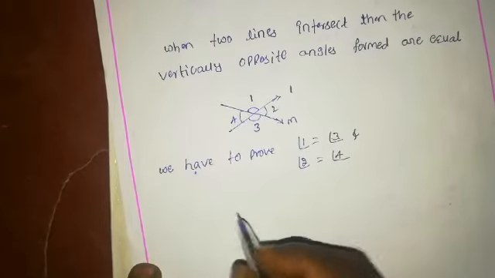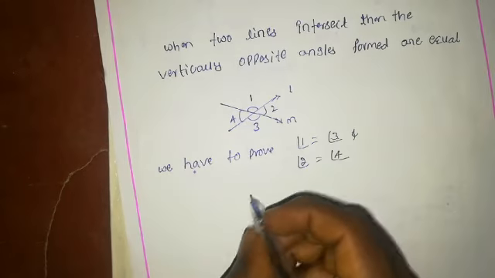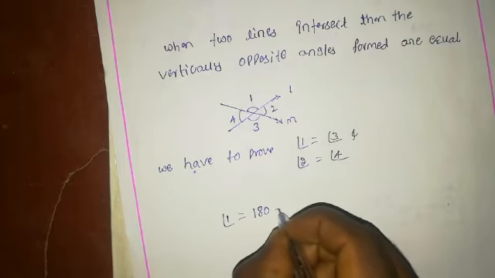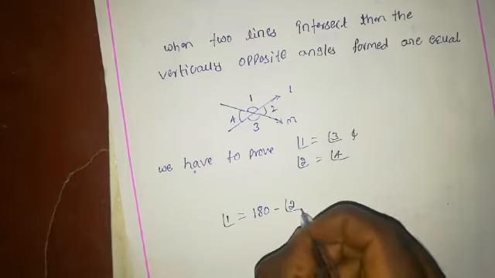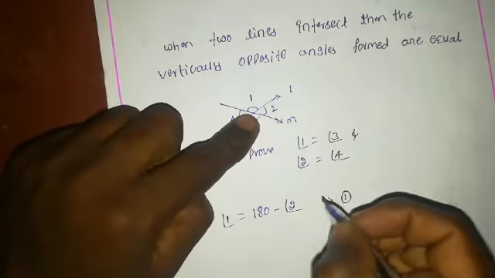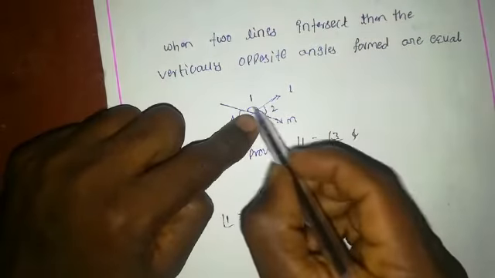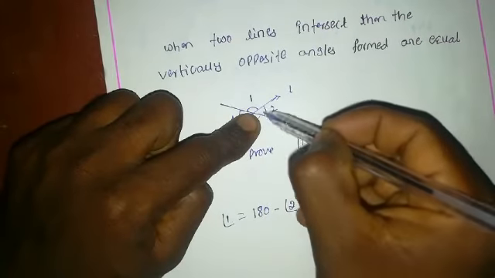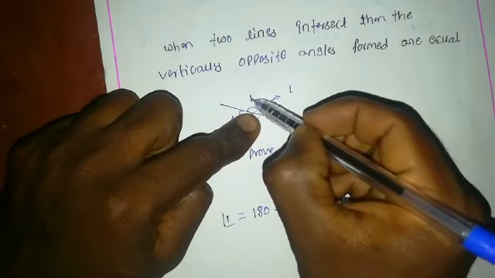Now angle 1 is equal to 180 minus angle 2. We call this equation number 1. By observing angle 1 and angle 2, this is a straight line. The straight line is 180 degrees. Now we have to find the measurement of angle 1.